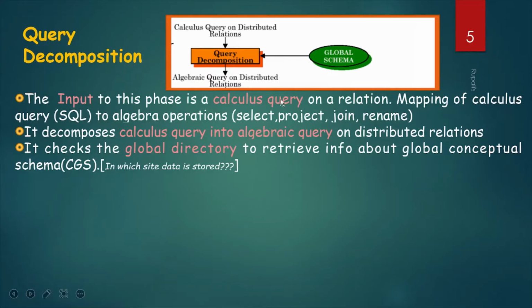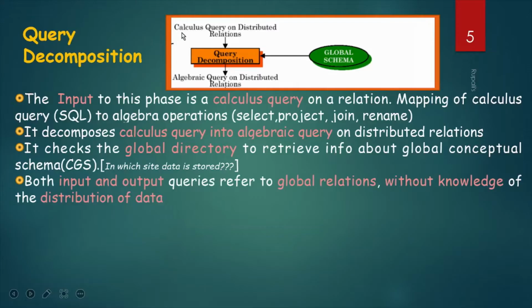So here it checks the global directory first to retrieve information about the global conceptual schema, and by the global conceptual schema we can check in which site our required data is stored. Here both input and output of this query refer to global relation without knowledge of distribution of data. In this phase there is no knowledge about the distribution of data.